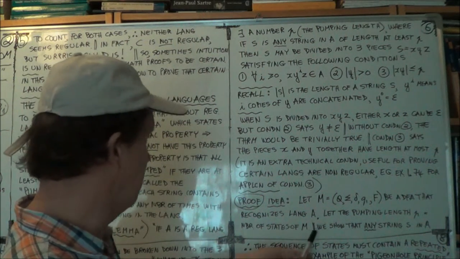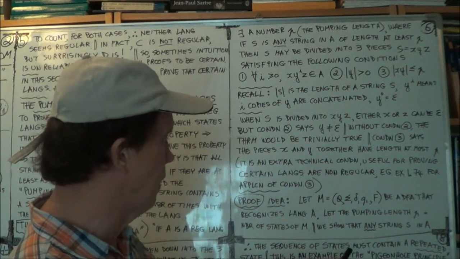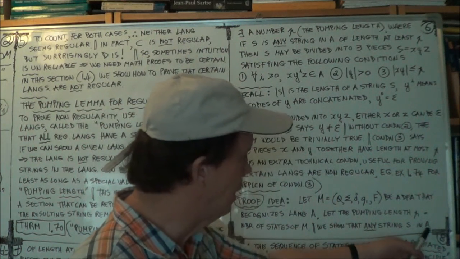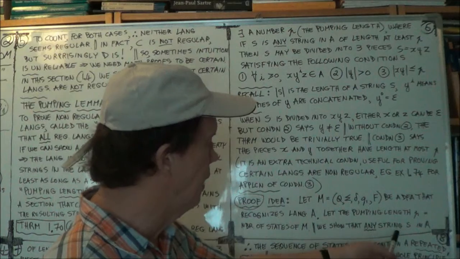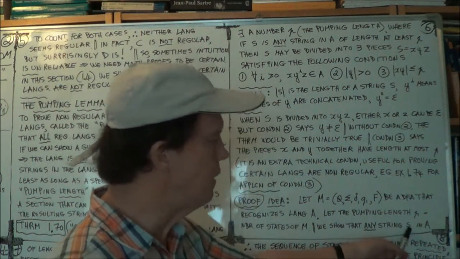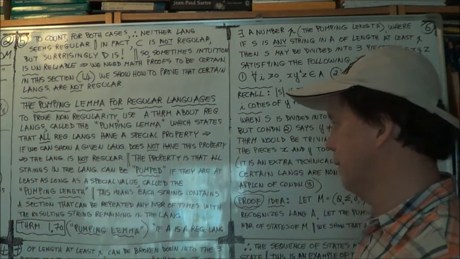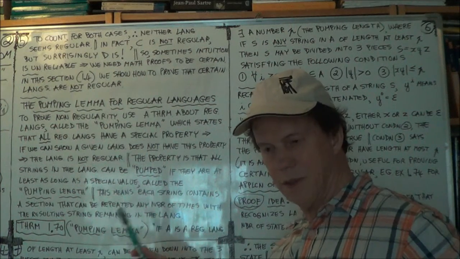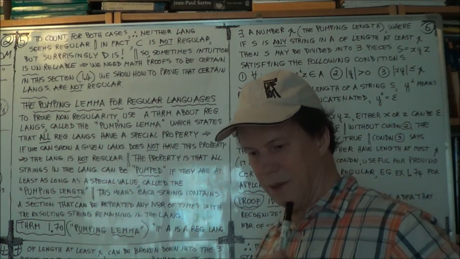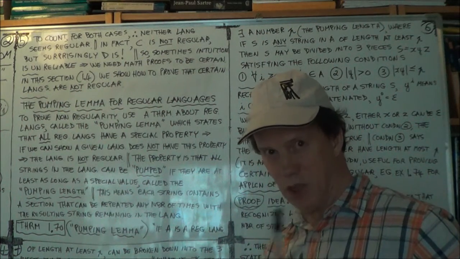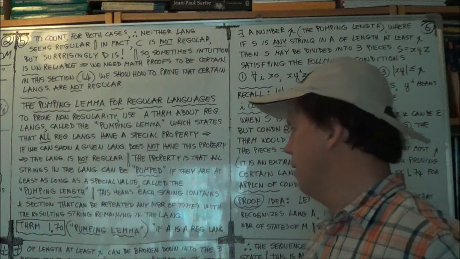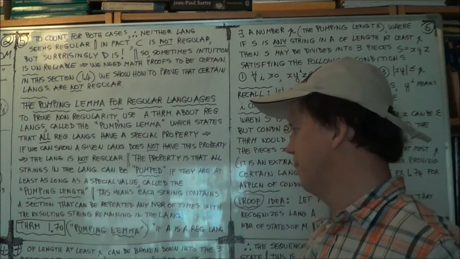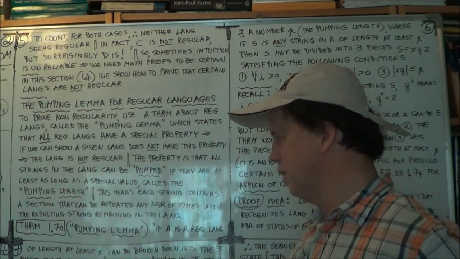And I'm getting into the next session, but we'll now show that any string s in this regular language that has length at least p, in other words, its length is at least the number of states in the machine, that string s, you can break it down into the three pieces x, y, z that satisfy three conditions.